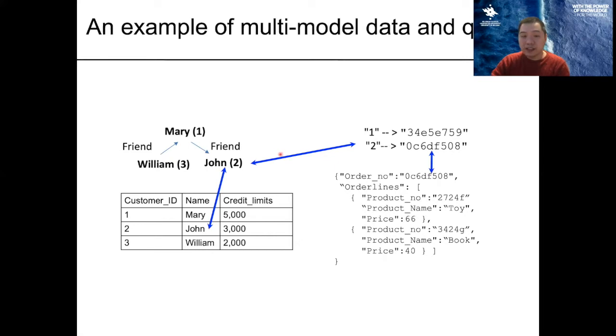So these data have relationships. For example, a graph vertex is related to a relational row and a key value pair, and a key value pair here is also related to a JSON order.